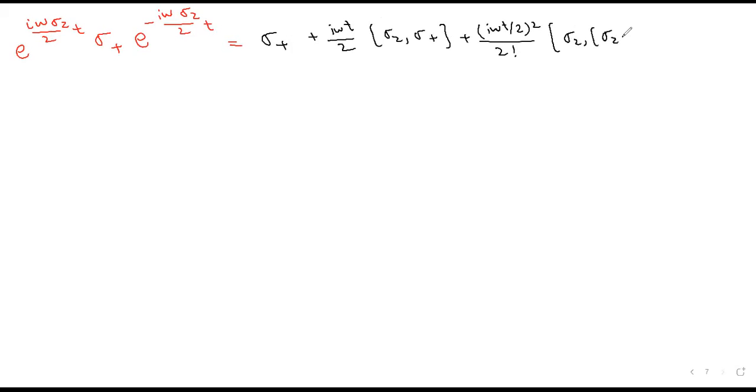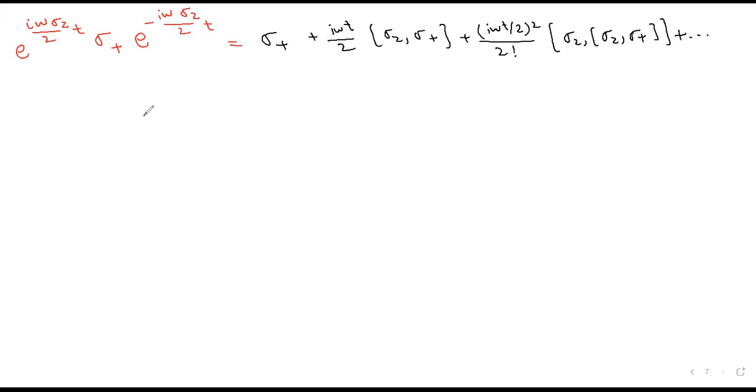So using equation number 8, we can write sigma positive plus iota omega t by 2 sigma z sigma positive, plus iota omega t by 2 squared over 2 factorial, and so on. Let's discard all the higher order terms.